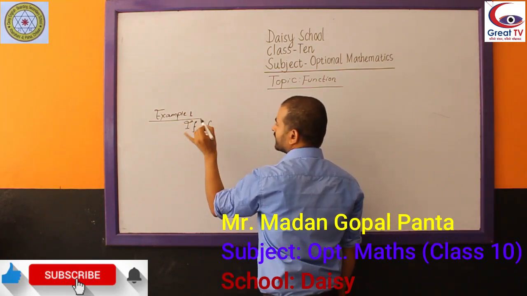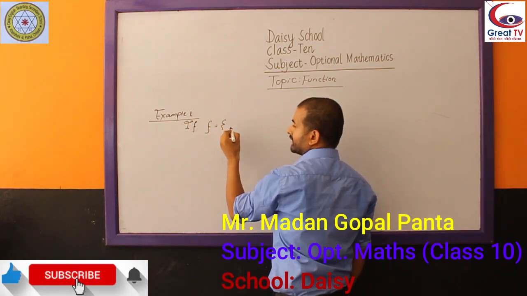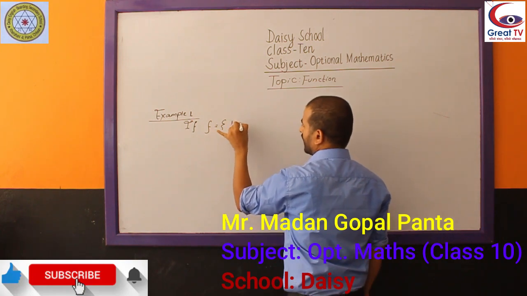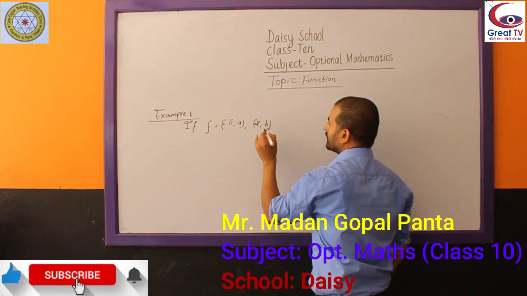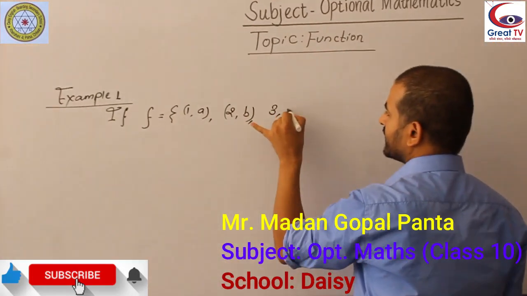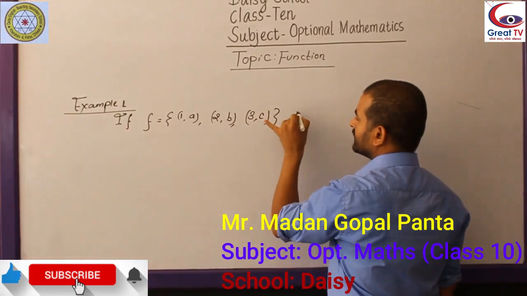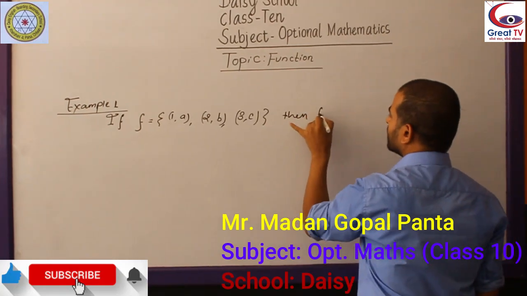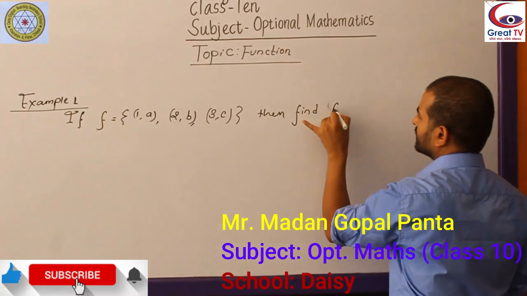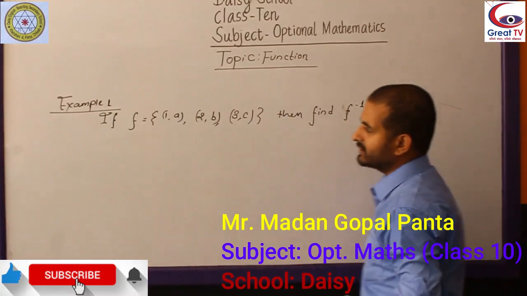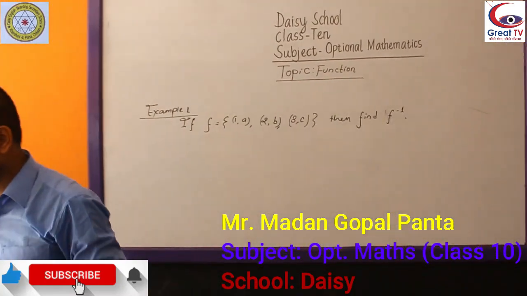If f is the function that defines the ordered pairs (1, a), (2, b), (3, c), then find f inverse. This is the first example of how we write the inverse.